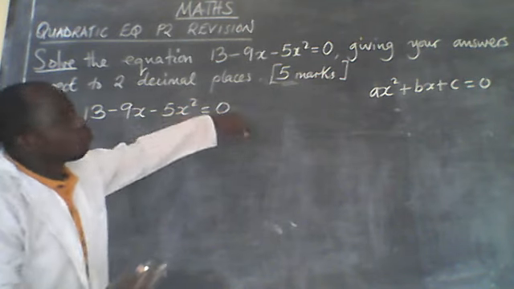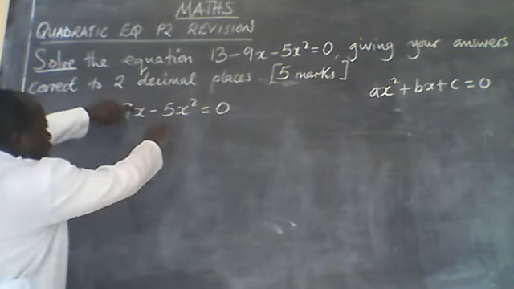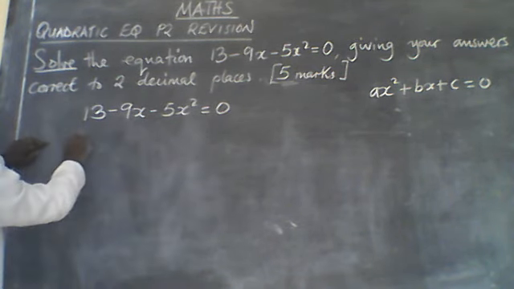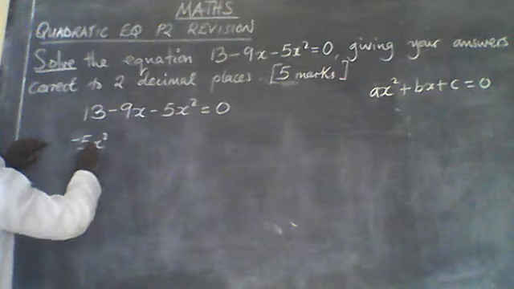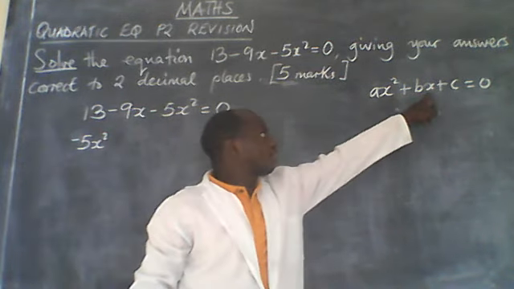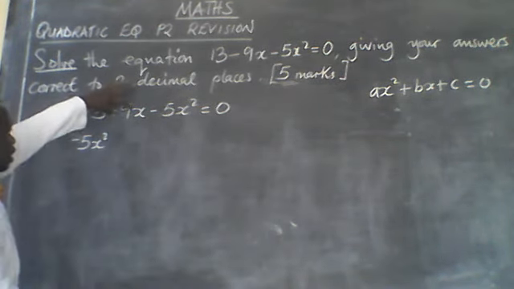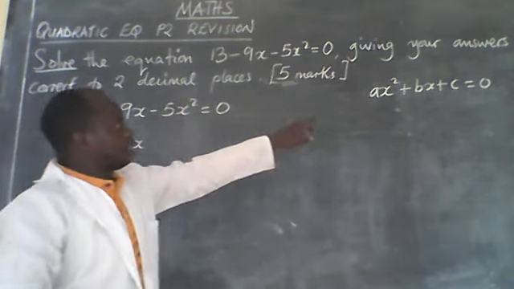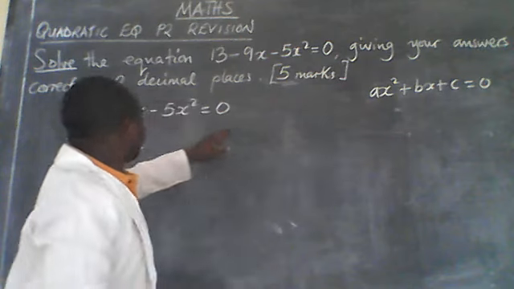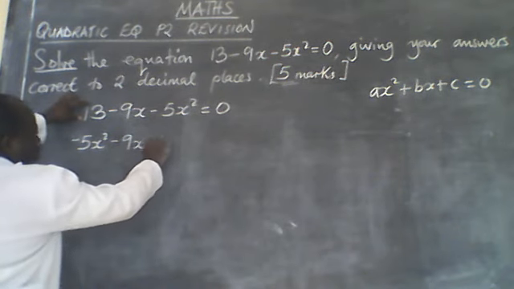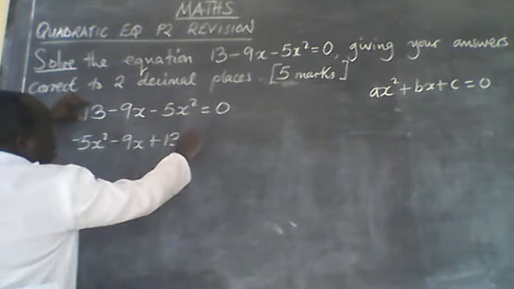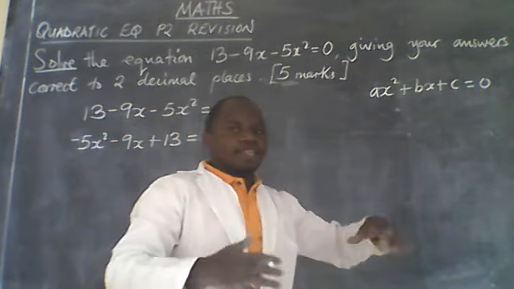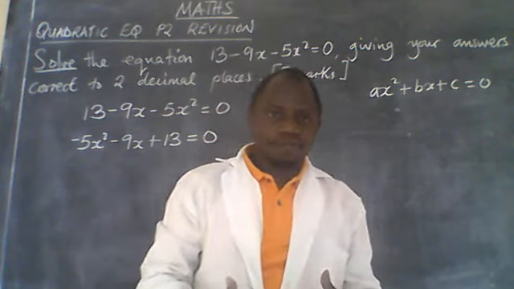It is not crossing the equal sign. So I have to start with the negative 5x squared, followed by the one with x, which is negative 9x, followed by the constant, which is this one here. So plus 13 is equal to 0. It is now in standard form. Then I'm going to start solving.